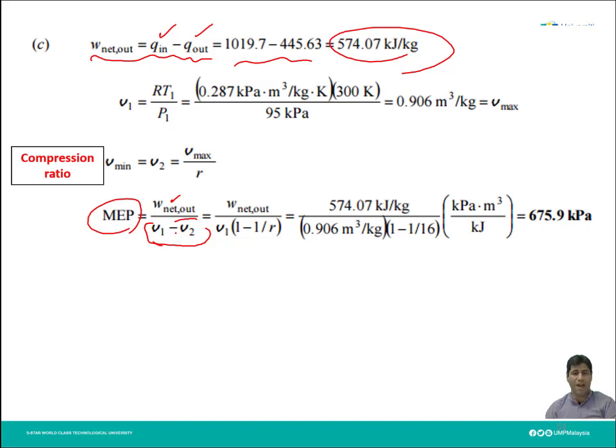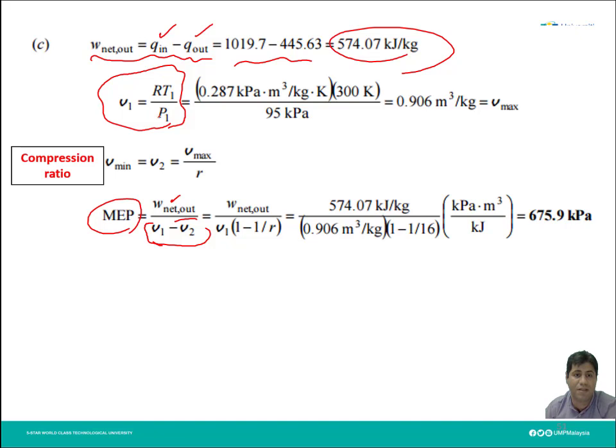Now, we have W net out, how can we find this V1 minus V2? We have some relationship between the volume in different states in the cycle, but we don't have the exact value for V. How can we find that? First of all, what we have here is an ideal gas, so it follows the ideal gas law. So we can write this equation: V1 is equal to R times T1 divided by P1.